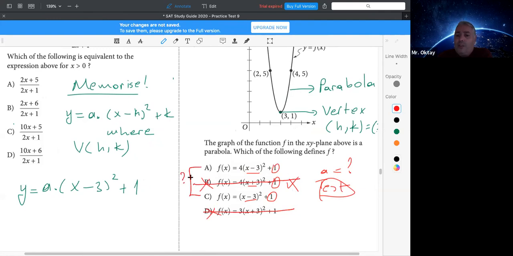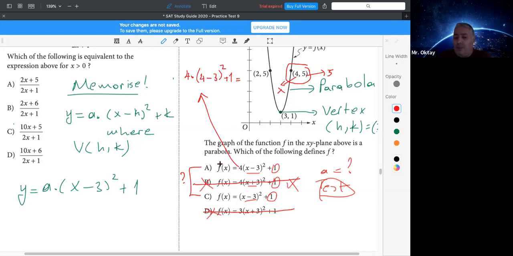Which one? To do this, use the test technique. What is the test technique? Take one number from the graph, for example, x is 4, y is 5. Put it here: 4 times (4 minus 3) squared plus 1 is equal to f of x.